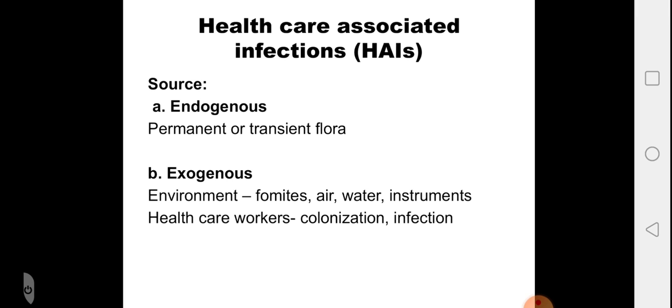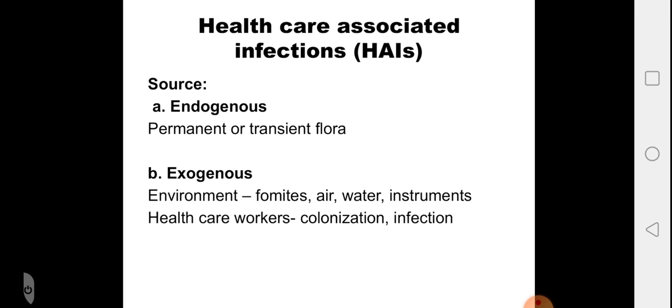Looking into the source, it can be endogenous or exogenous. Endogenous source is the patient's own flora. This flora at one site in the human body, when it enters the other site, can act as a pathogen. Say you're introducing the Foley's catheter.